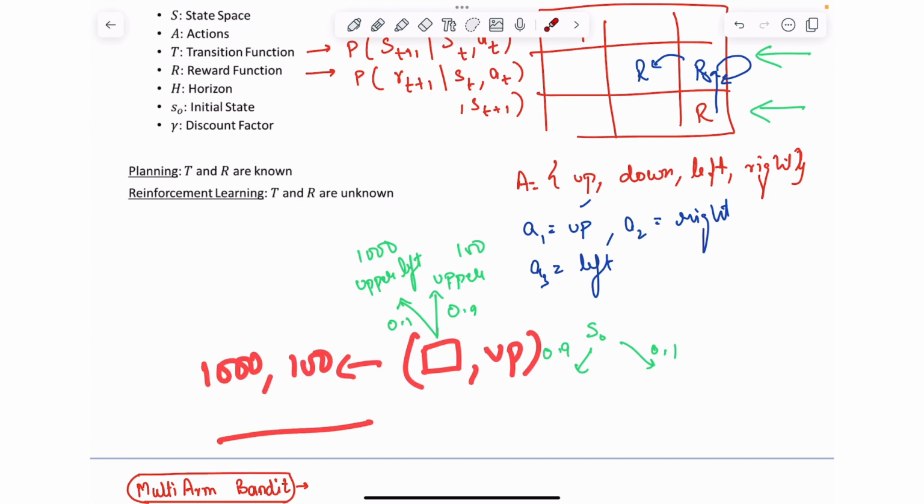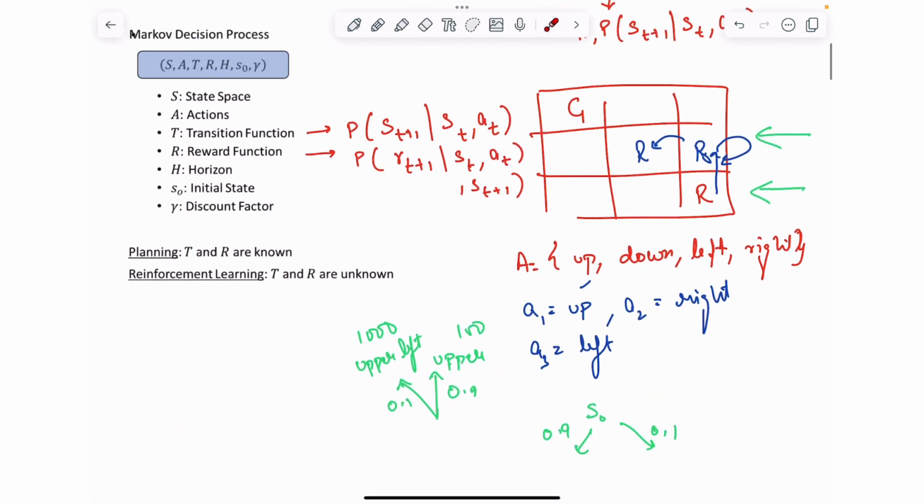So you have again a reward function with these values, right? So the reward function is a function of 3 things. That means it will be a function of the current state, the action you took, and the next state you landed in, right? And it will model the distribution over the possible rewards.